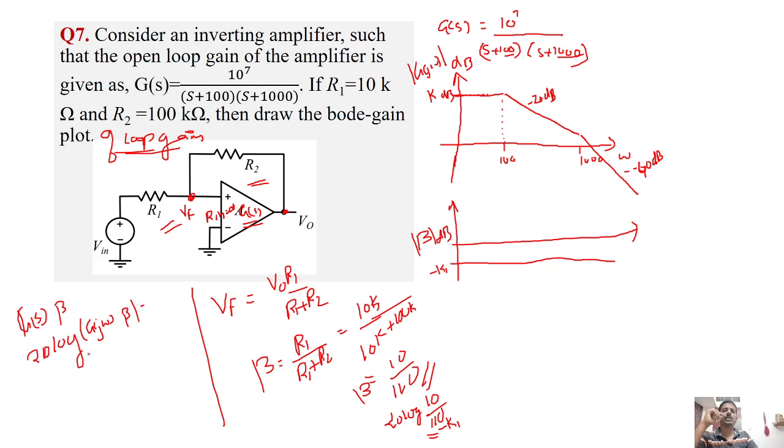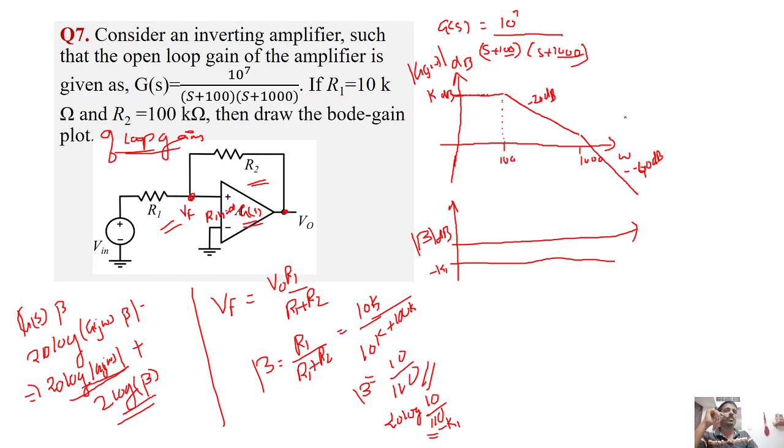I can split this as 20 log G of j omega plus 20 log beta. We just need to add these two gains in dB, and you will get the entire loop gain.